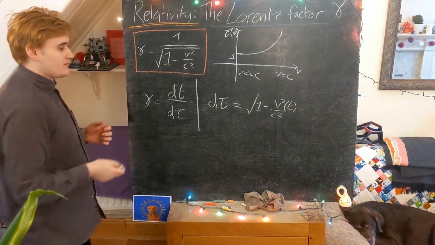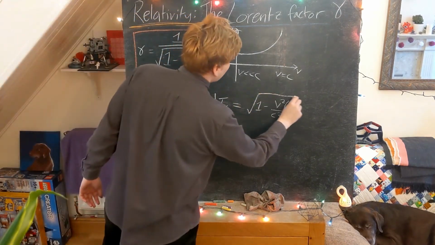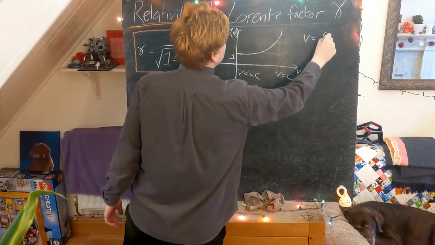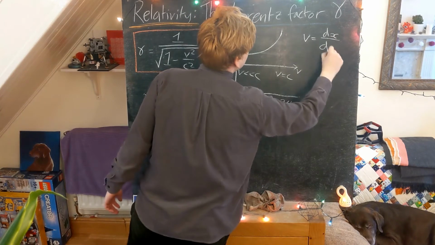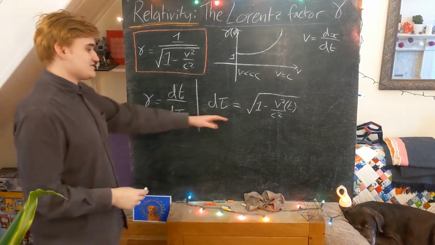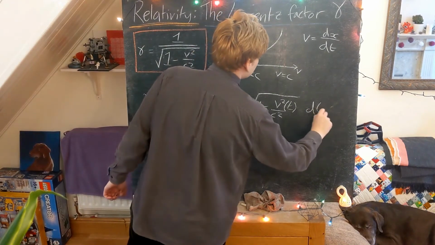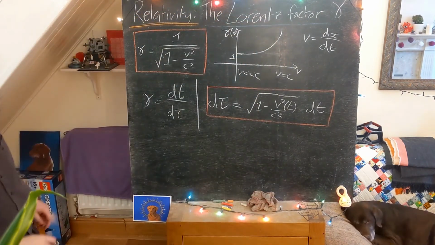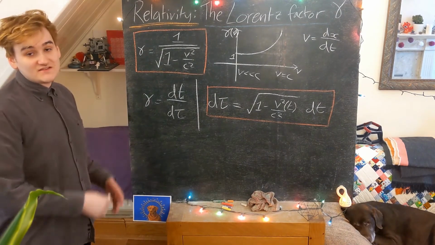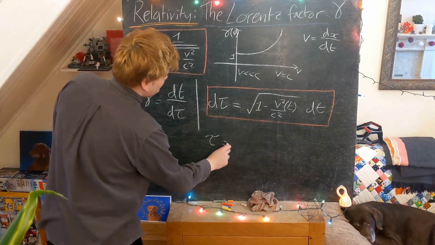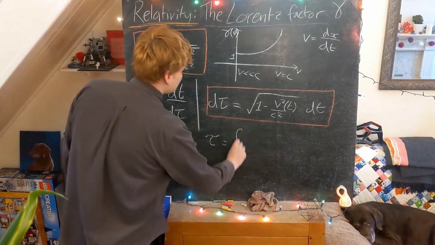It depends on the coordinate time parameter, because remember v is dx by dt. So this is another way to interpret the proper time. Essentially the proper time is the solution to this integral.